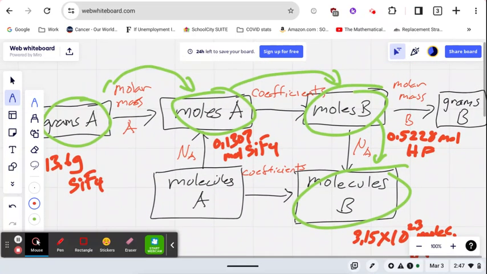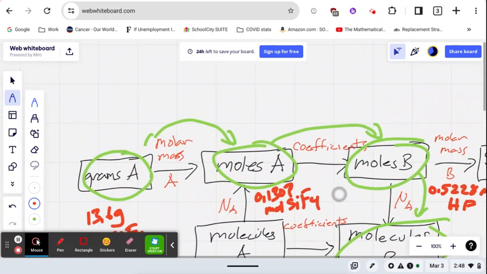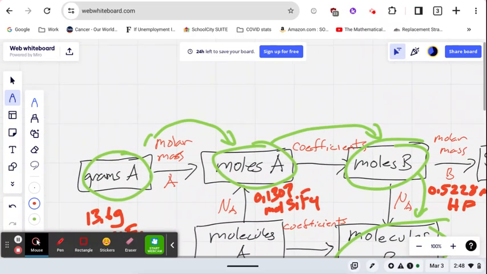One last thing: don't forget, from way back at the beginning of the year, we learned the relationship between grams and liters or milliliters, which is volume. So there will probably be some questions where you're given liters or milliliters, and you can turn that into grams.